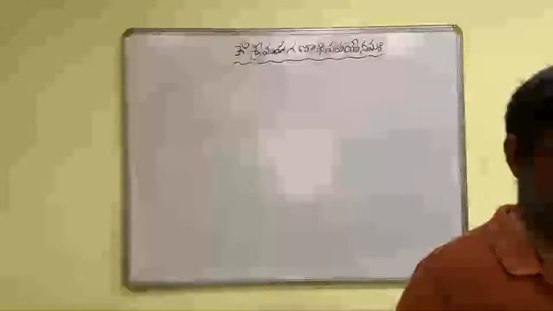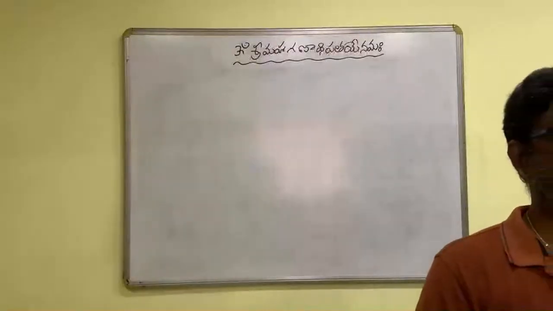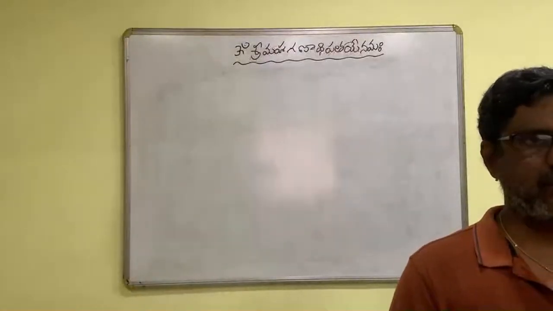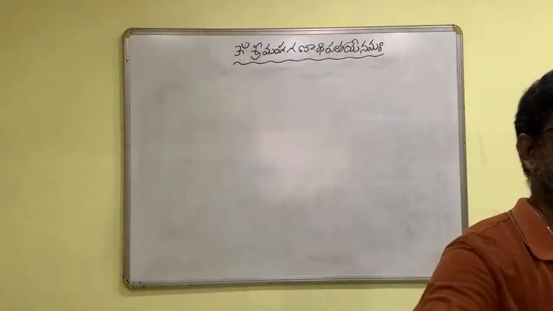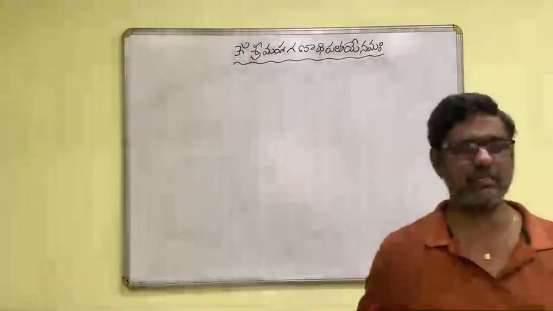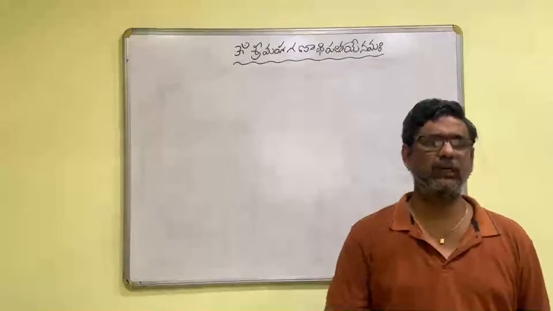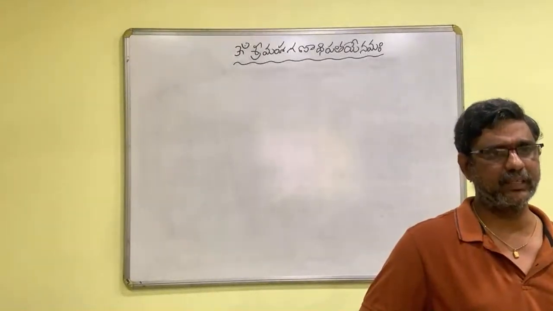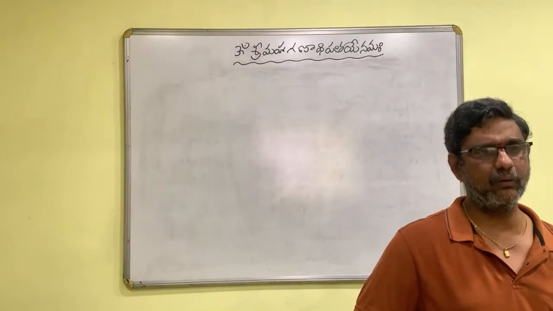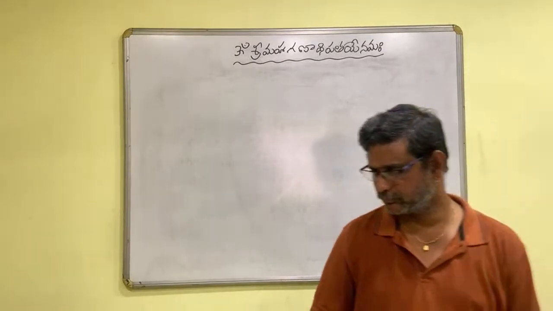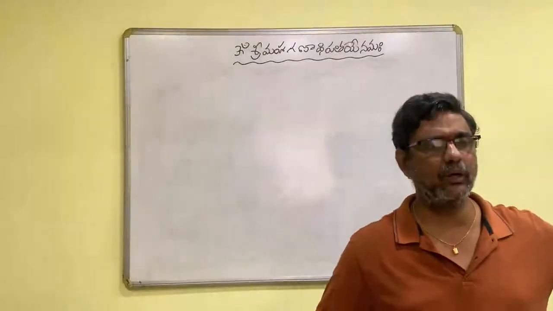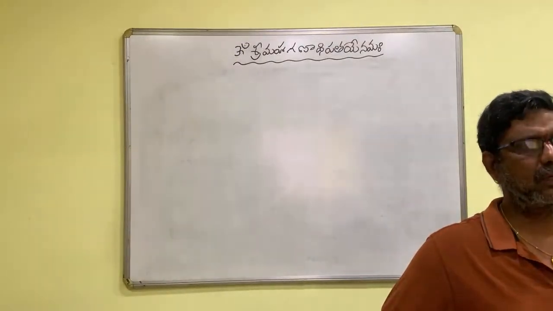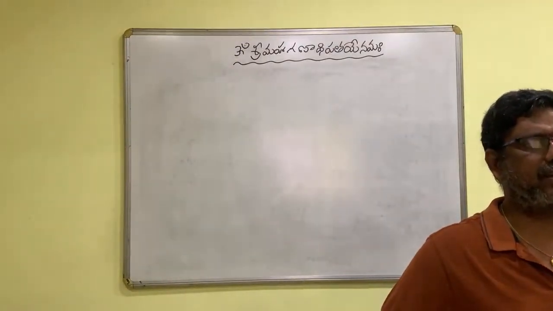Right. Today I am going to explain the general form of a linear equation in two variables and its coefficients, and how to convert the given equation into the general form and write the coefficients. That is what we are going to discuss today. Previously I explained how to convert a situation into an equation.